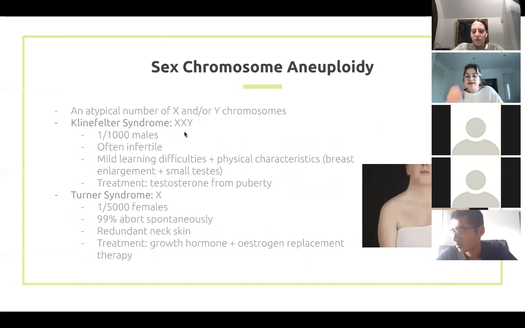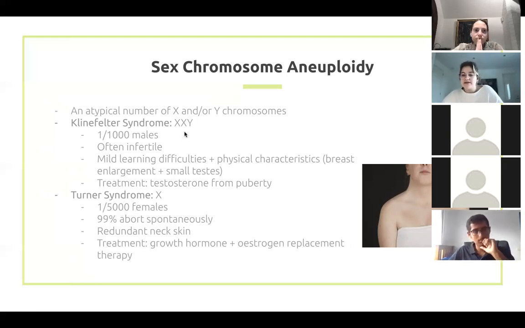Then we have sex chromosome aneuploidy. That's when we have an abnormal number of X or Y chromosomes. Again, the two most important to remember are Klinefelter and Turner. If we start with Klinefelter, that's XXY. The most important thing to remember is that as soon as there is a Y chromosome, the person is automatically classified as a male.